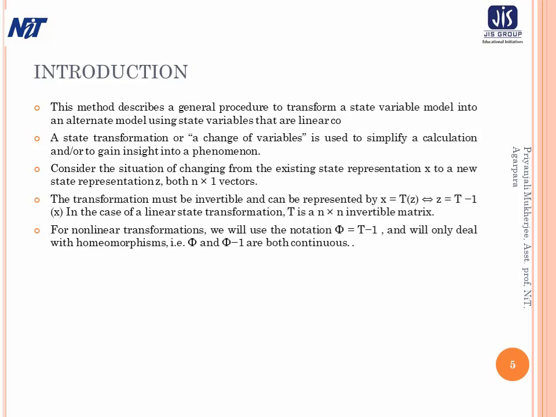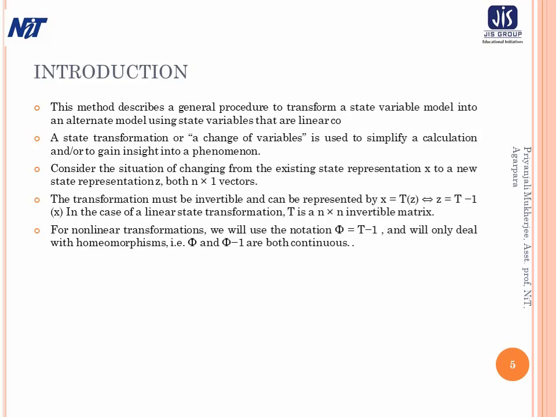Now, consider the situation of changing from one existing state representation to a new state representation Z, given by n by 1 vectors. The transformation must be invertible and can be represented by x equals Tz, which implies z equals T inverse x.